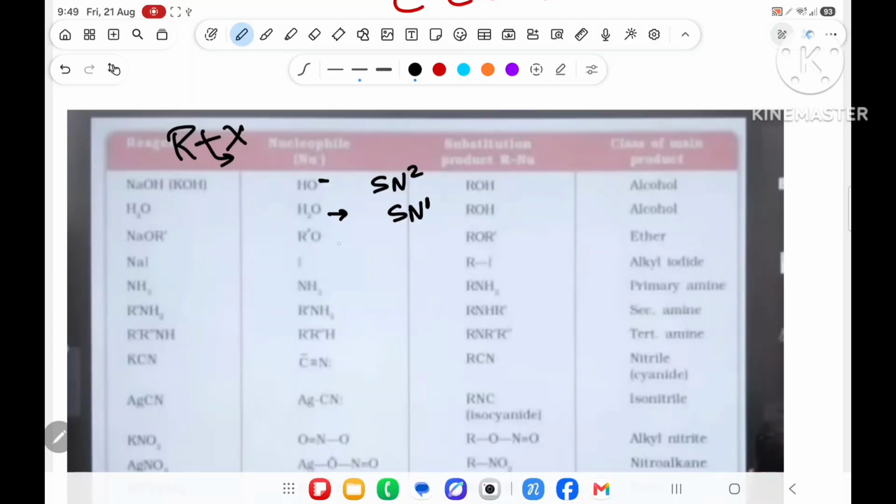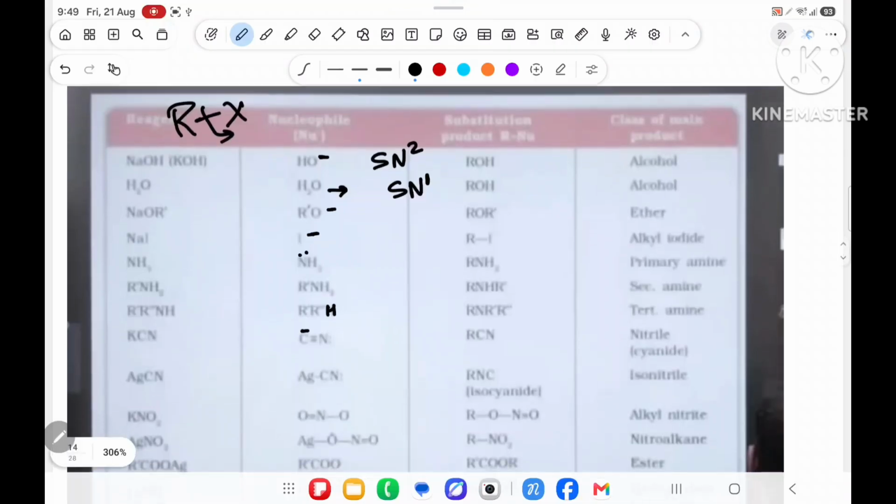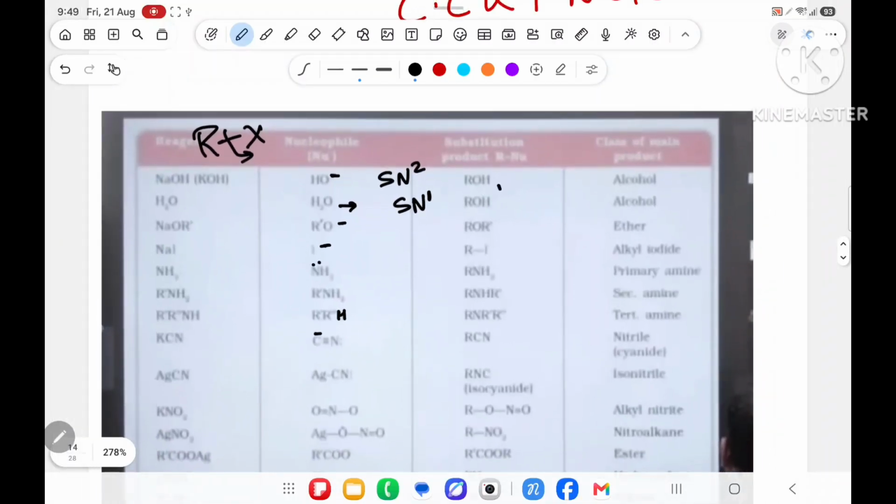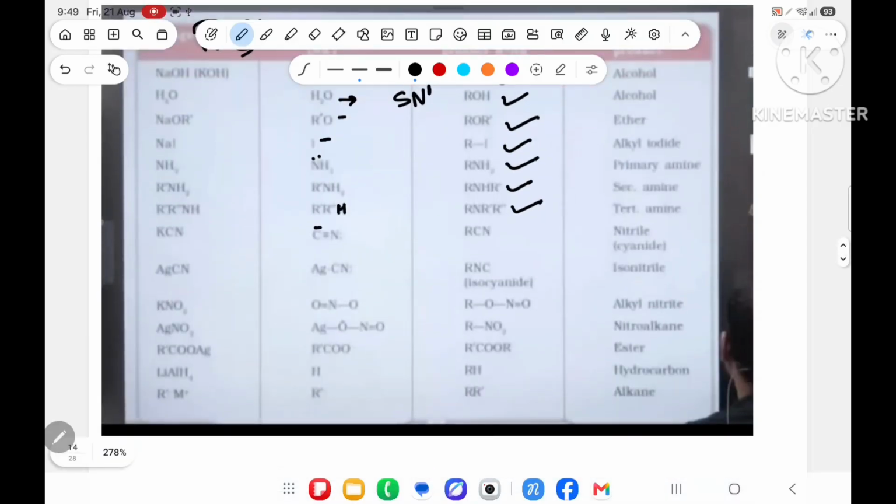Over here, OR minus, I minus, NH2, RNH2, CN minus, AgCN, like that. What is forming over here? ROH, ROR, RI. It will attack with the lone pair. RNH2, 2 degree forms, 3 degree forms. Like that they have written some reactions and products.